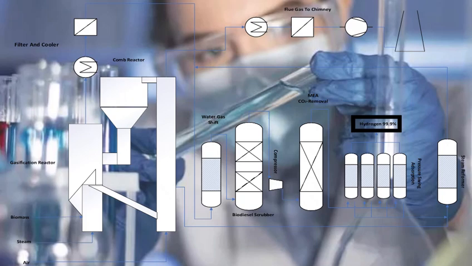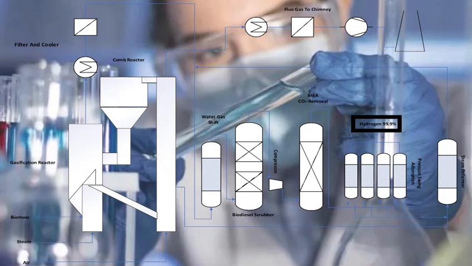Stage 3, water gas shift reactor. Here, carbon monoxide reacts with steam, producing more hydrogen and carbon dioxide.